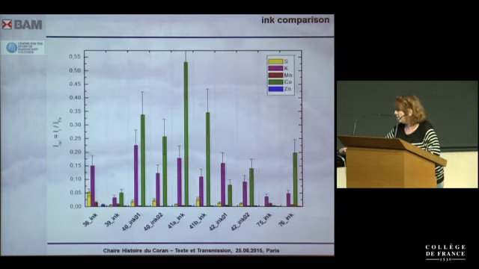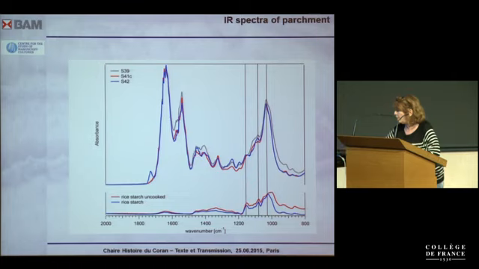Now my time is almost gone, so I will take a couple of minutes to speak about parchment. Studies of the ink are very well known, and we can not only identify the inks, we can also compare inks, and this is a topic for a long lecture.